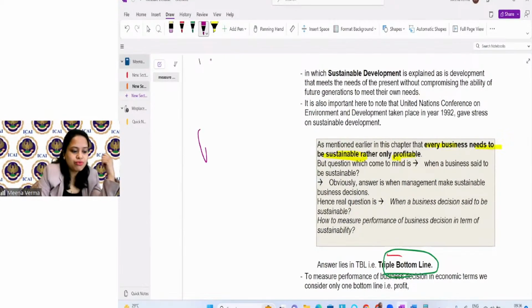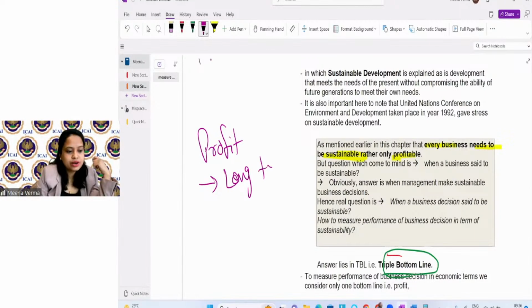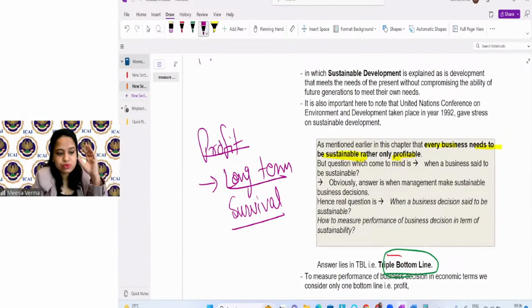Just to earn the profit is not enough. Long-term survival is important. Do something that helps the organization for long-term survival. All right. So this is what is mentioned here.